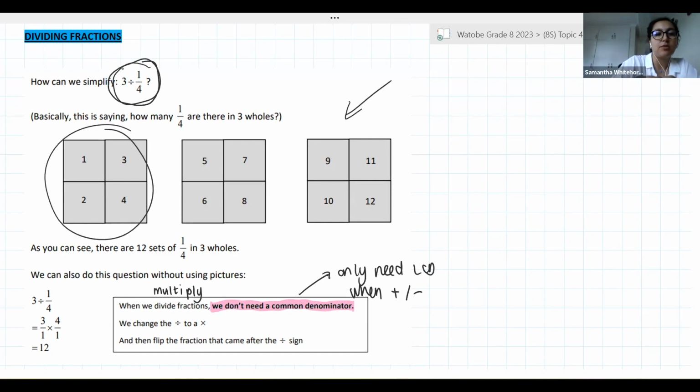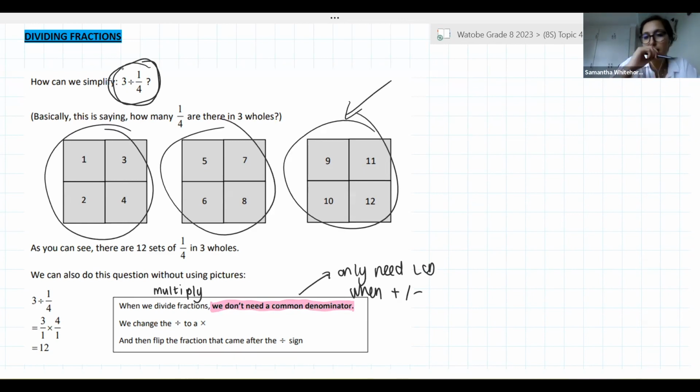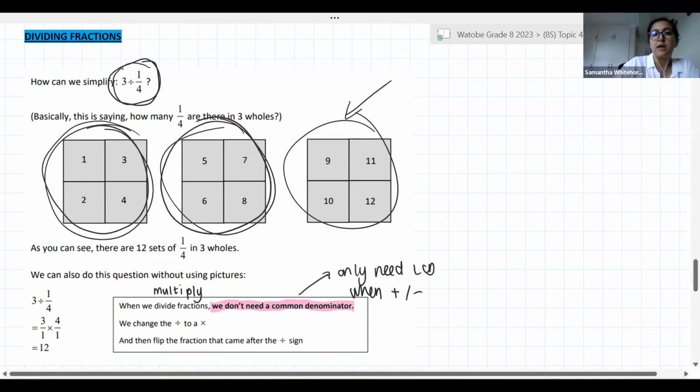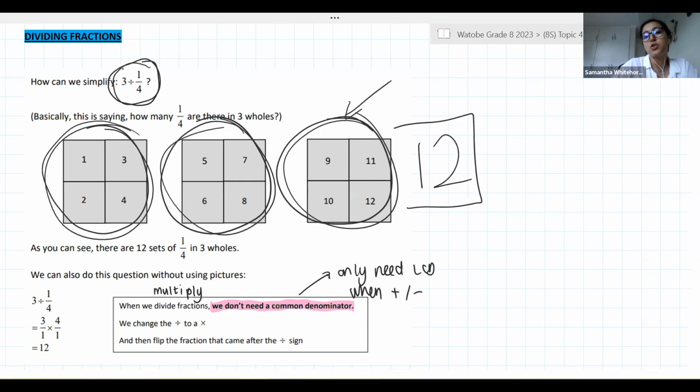Here are my 3 wholes. I've divided them up into quarters to figure out how many quarters I need. And so 1 whole is 4 quarters, 2 wholes is another 4, 3 is another 4. So in total, I've got 12 quarters making up my 3 whole numbers or whole values.